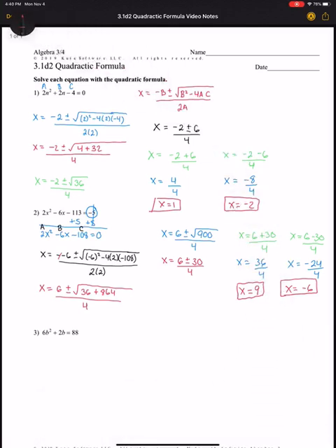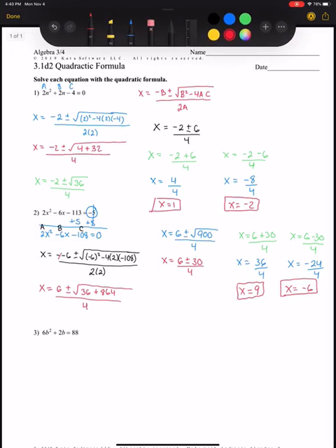Our last example is example 3. It is 6b squared plus 2b equals 88. If you look again, the right side of our equation is not 0, it's 88. So what I need to do is subtract 88 from both sides. These will cancel and become 0. And I have 6b squared plus 2b minus 88 equals 0.